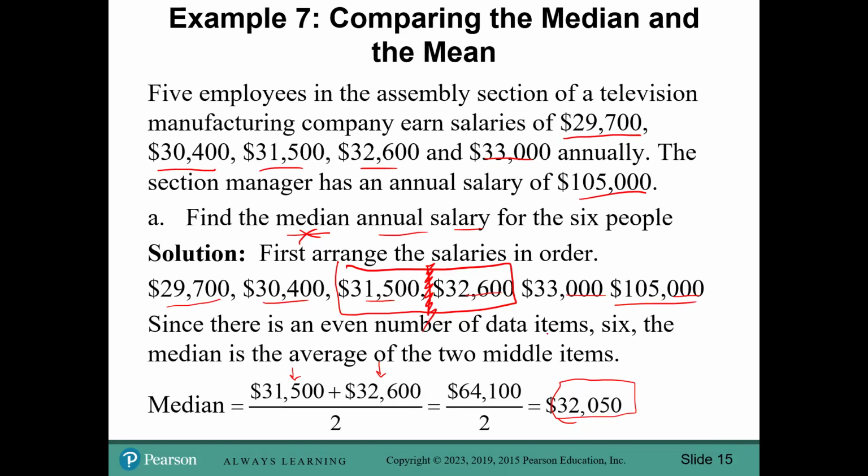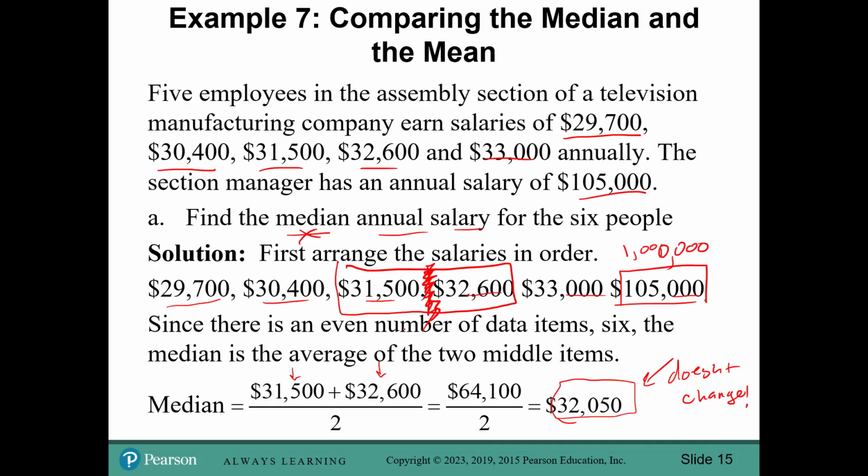If instead I had just changed this last one, let's say this very wealthy team foreman or whatever he was called, let's say he makes $1 million per year, right? Then this number doesn't change. It's still going to be the average of these 2 values in the middle.